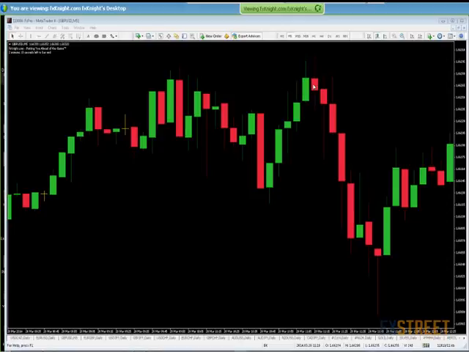Meaning that I imagine a center line through the center of the candle, and then I look at the next candle to see if it's above or below that center line. This one's clearly below. It's not below the body, but it is below the center line. So I'm already smelling a downside reversal, even before the news came out.